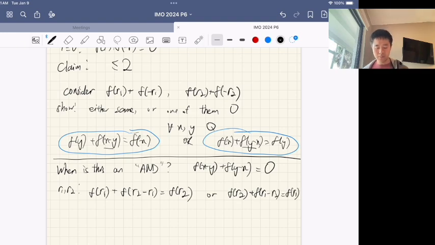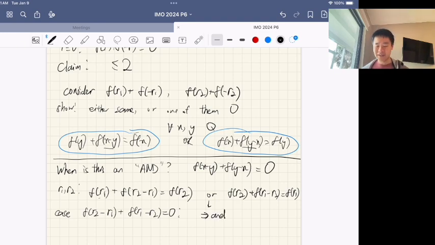Case: f(r2 minus r1) plus f(r1 minus r2) equals 0. So what happens if this thing is equal to 0? Both of these hold.